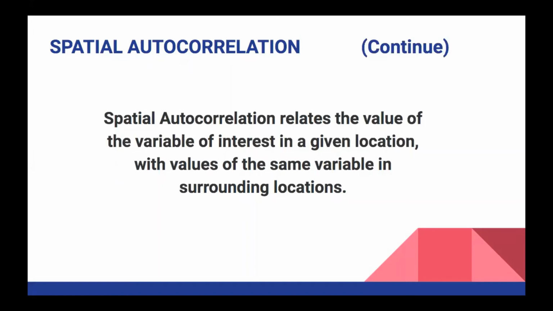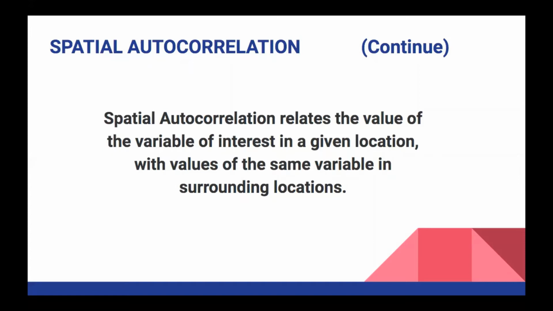Let's be specific. Let's say in Lagos, we observe variable Y, which is the number of cases of coronavirus. How related is that data with other surrounding or neighboring states? In the practical example we are looking at, that's West Africa.